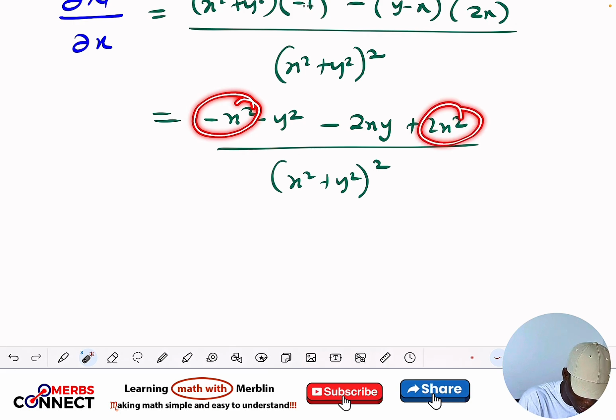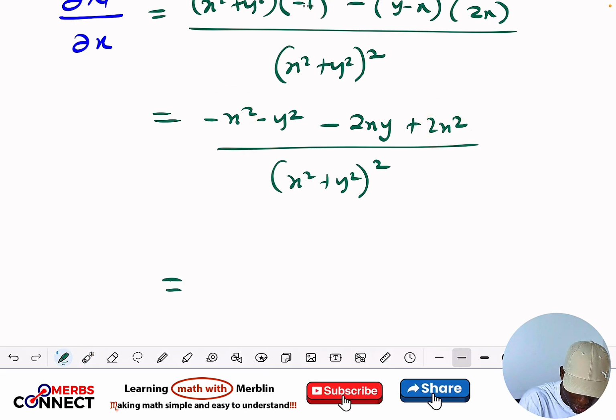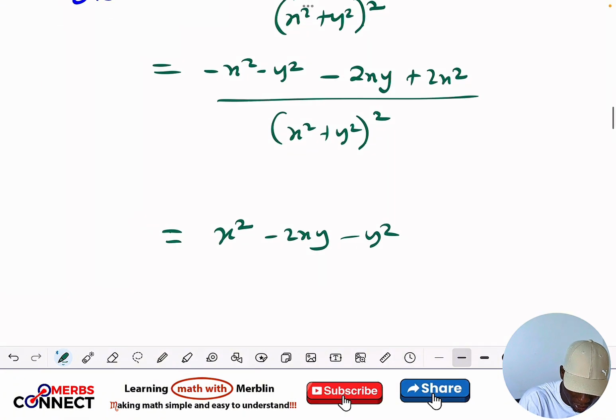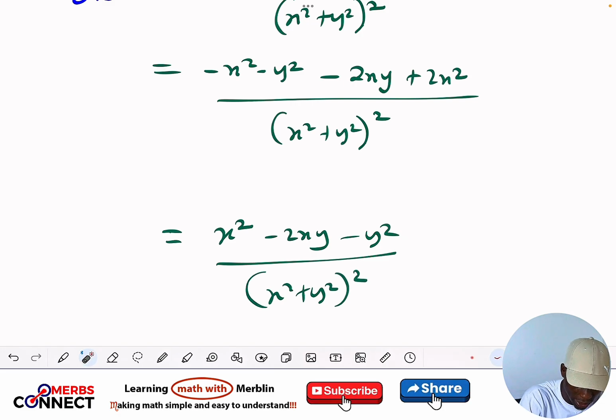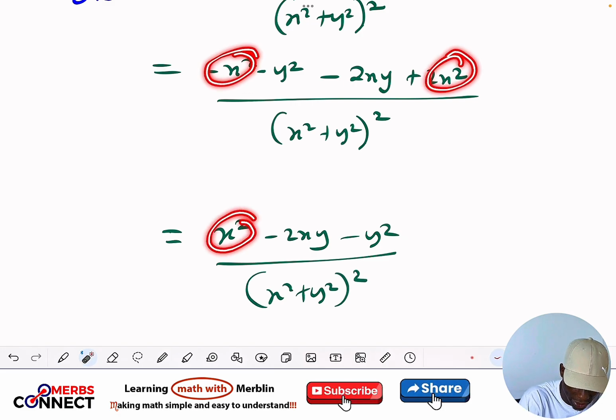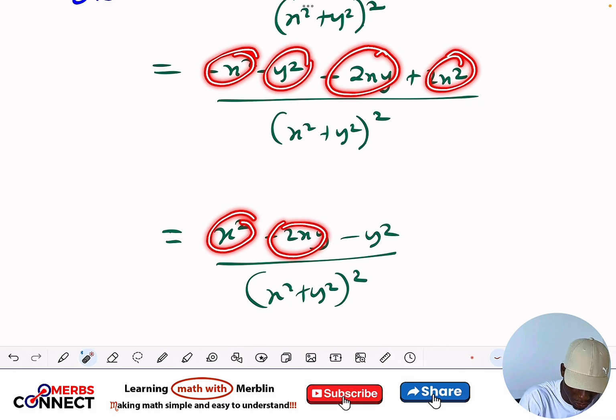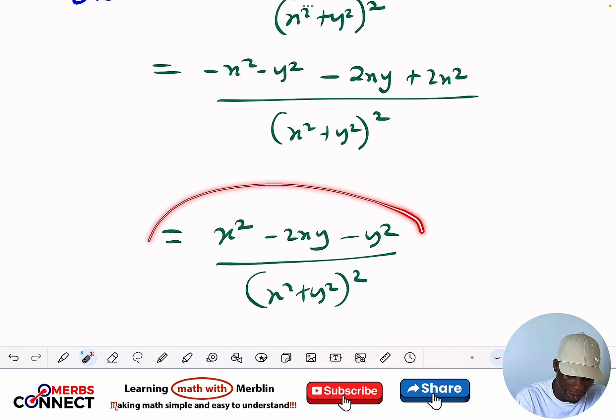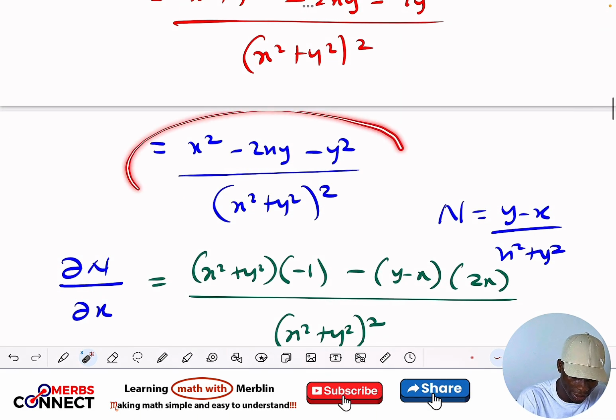This plus this is going to give us x squared minus 2x squared minus 2xy minus y squared divided by x squared plus y squared all squared. So this and this is giving us this. This is here and this is also here. So we can see that this is the same as this.